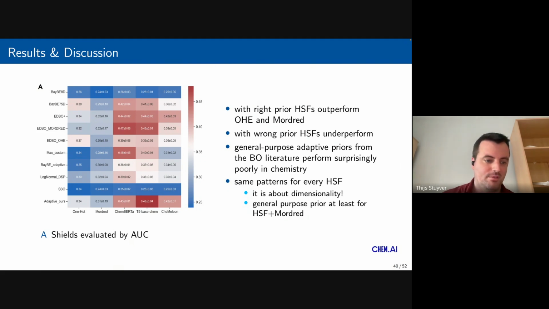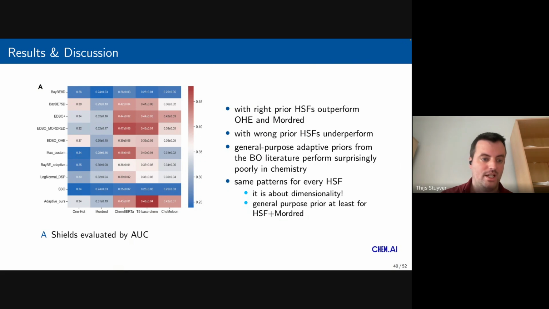So, for example, this SBO hyperprior, the one right above adaptive hours, is a hyperprior that comes from the BO literature applied to data science. So this was not specifically fitted or targeted or tuned to chemistry tasks. And so this one, even though it is technically an adaptive prior, performs badly across the board.